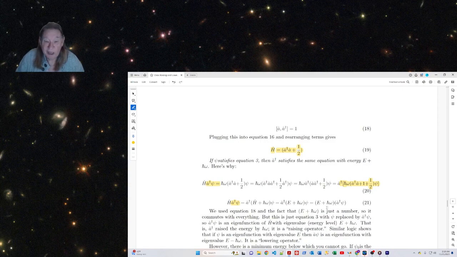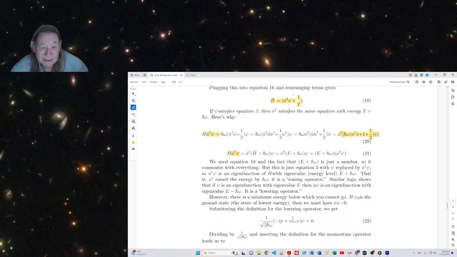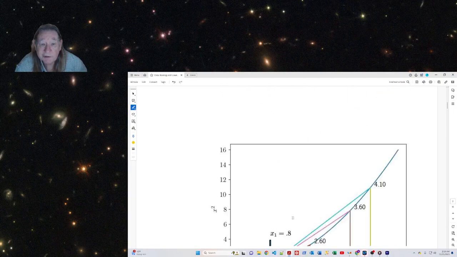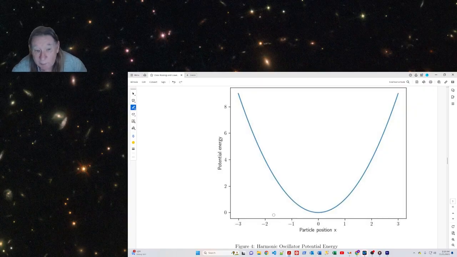It raises the energy. You can do similar algebra to show that A lowers the energy. It reduces it to E minus ħω, so it's called a lowering operator. However, have a look at this potential energy curve. It has a minimum. It never gets below 0.